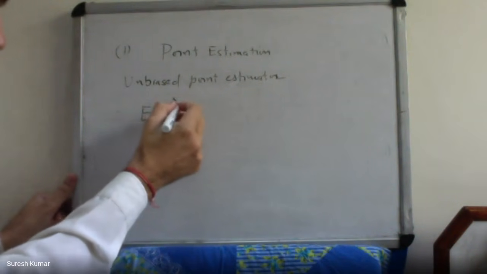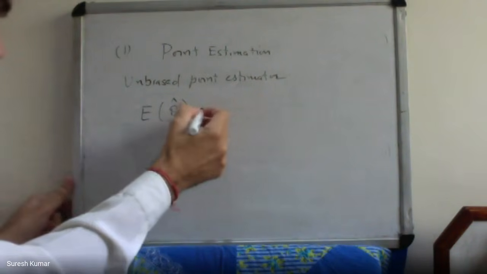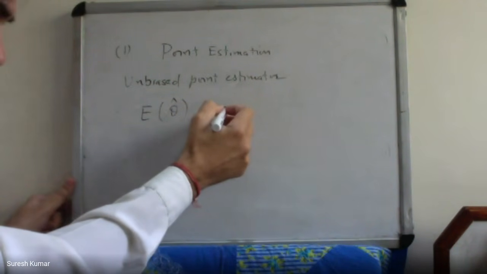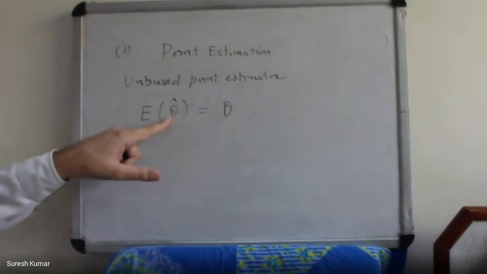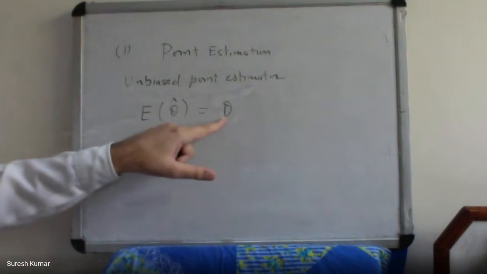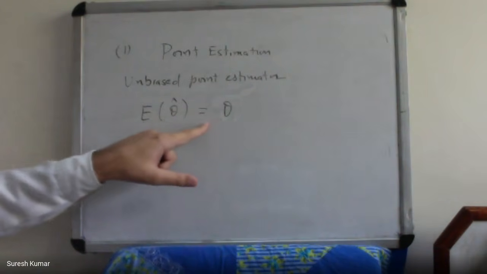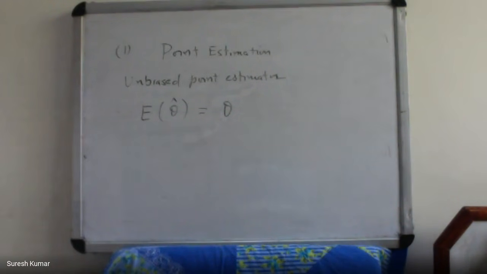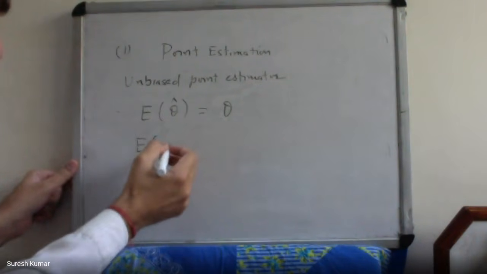A sample-based measure or a statistic theta cap is said to be unbiased point estimator for a population parameter theta if the expected value of theta cap is theta. You are familiar with the unbiased point estimator.